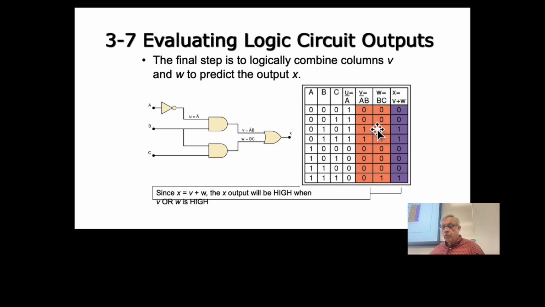So this 1 or 0 is a 1, 1 or 1 is a 1, 0 or 1 is a 1. So from these inputs, I only get an output of a 1 when A is 0, B is 1, C is 0, or if A is 0, B is 1, C is 1, or if all three of them are 1s. Those are the only times I'm going to get the output I'm looking for.